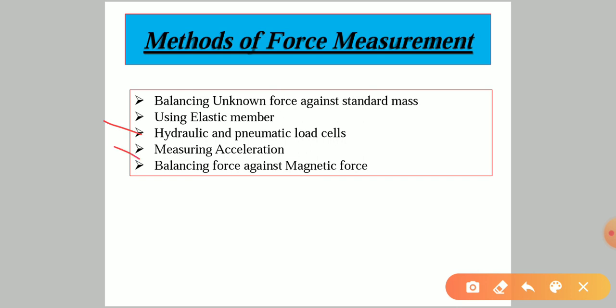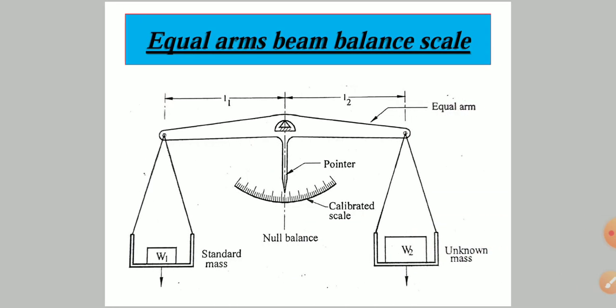As we know, force is equal to mass into acceleration, so by measuring acceleration we can find the force magnitude. The fifth and last method is balancing force against magnetic force, which is developed by interaction of a magnet and current in a coil.